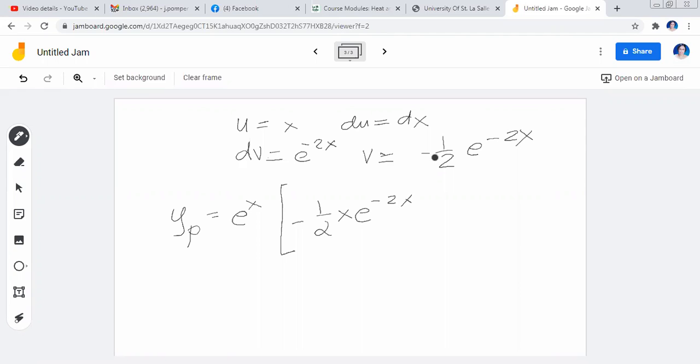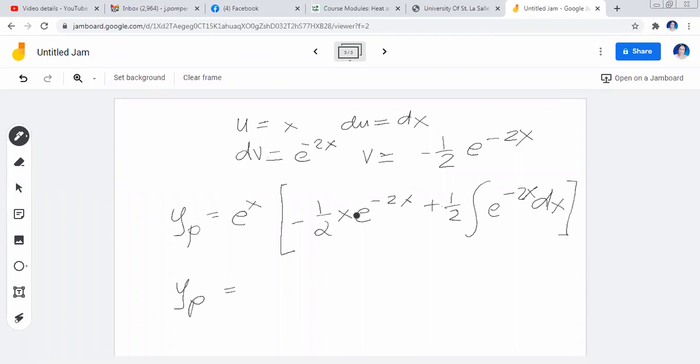So this one, negative, negative, that would be positive. So plus 1/2 integral of e raised to minus 2x. But if you have a direct formula for this that was taught to you by Miss Niti, you can use that one.